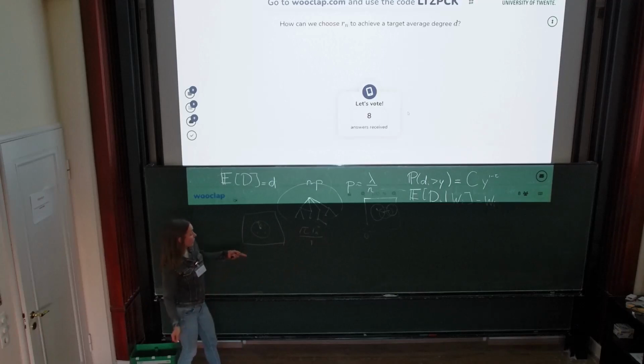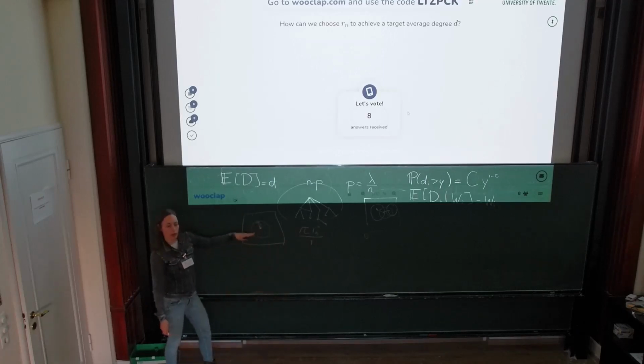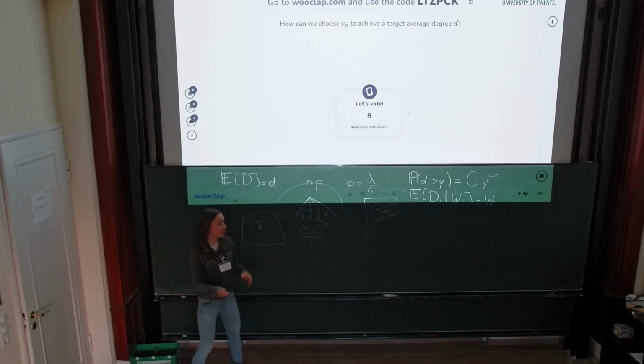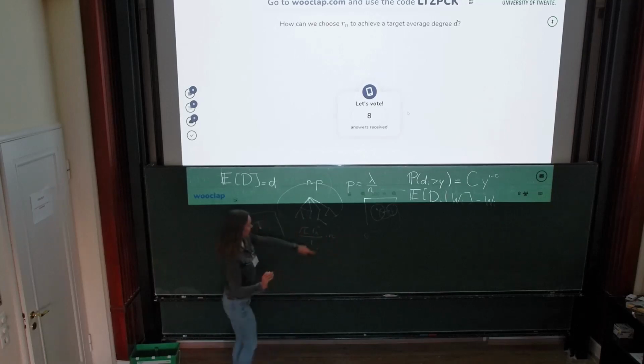Of course, there are n points, actually n minus 1 other points, because one point we fixed. For each of them independently, the probability that they lie within this circle is this probability. So this would be approximately, let's make this an n.